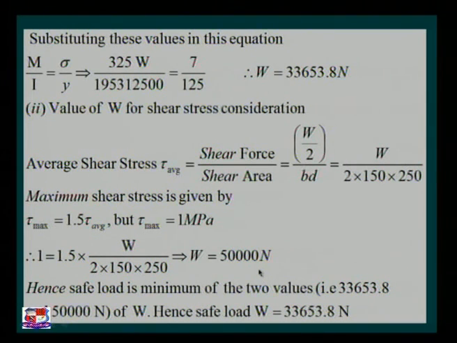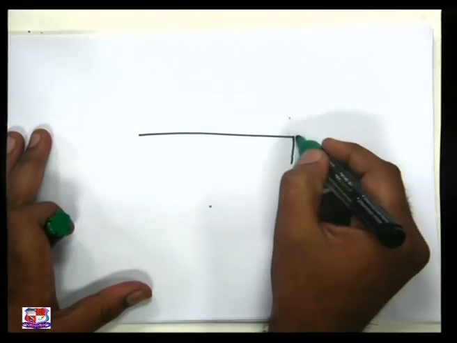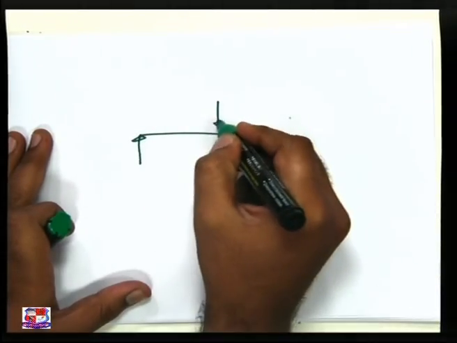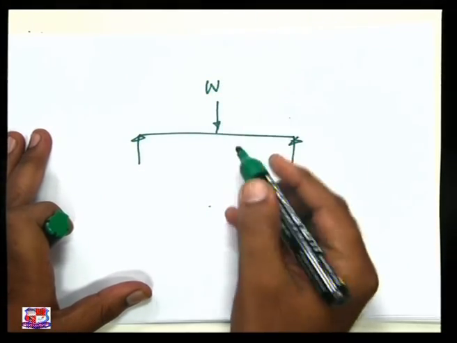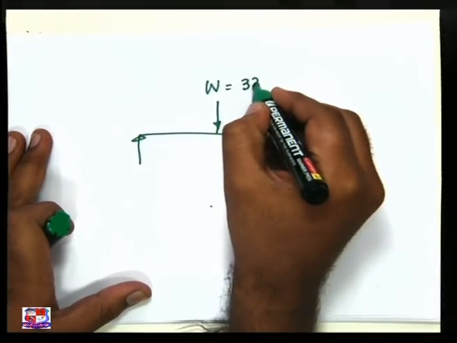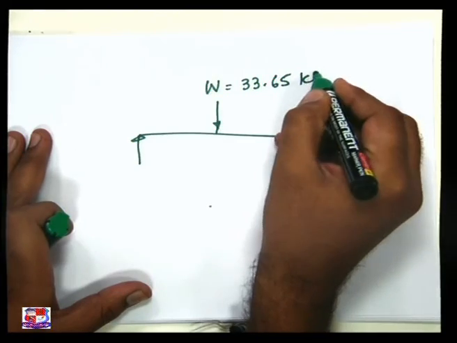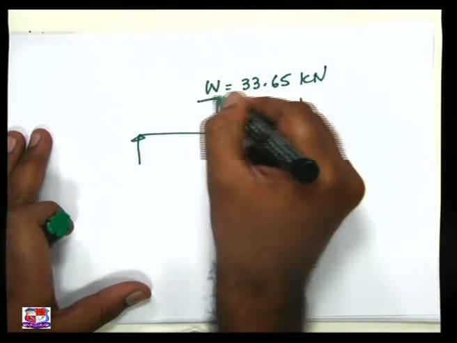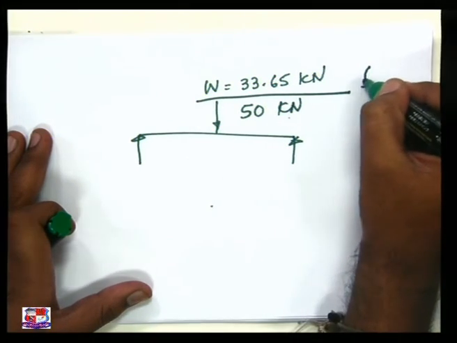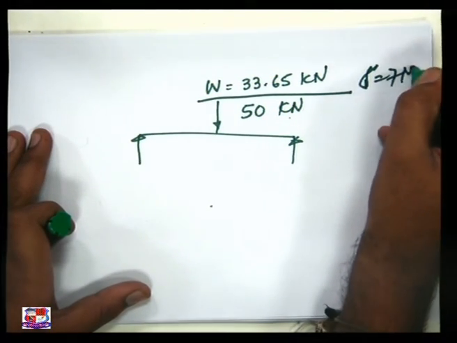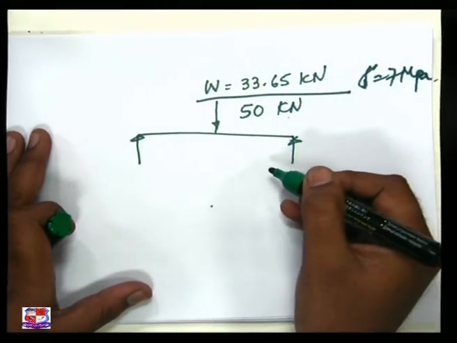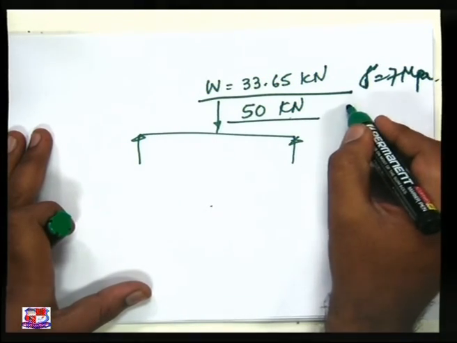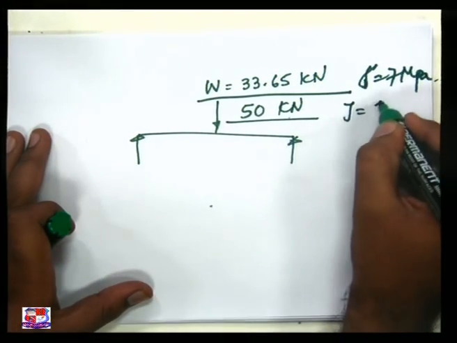Let us understand this concept on this tabletop. Simply supported beam, load W. Now for this load W, one answer is 33.65 kilonewton, the other answer is 50 kilonewton. If I apply this much load, the permitted sigma value is 7 MPa. If I permit 50, it permits tau value of 1 MPa.